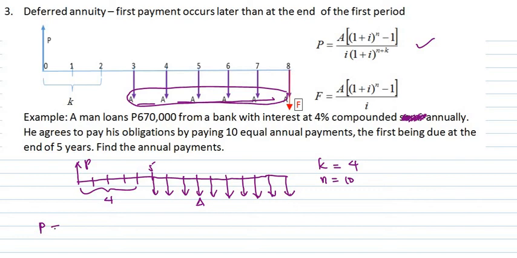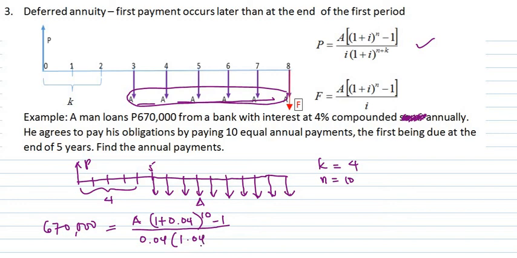P is equivalent to, I will substitute directly the value of P as 670,000, which is equivalent to our A, the unknown value, times the bracket with 1 plus I, where I is 4%, that is 0.04, raised to our N, equal to 10, minus 1 divided by I, which is 0.04, times 1.04 (1 plus 0.04), raised to N plus k, which is 10 plus 4, so 14.